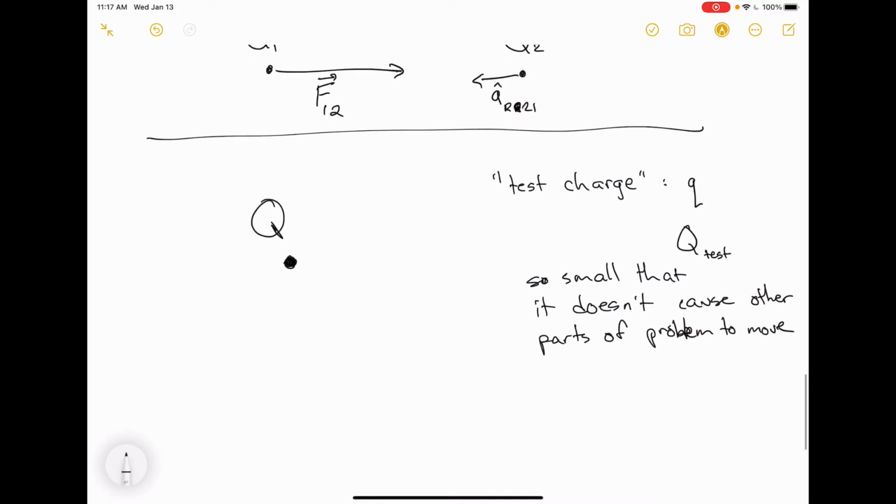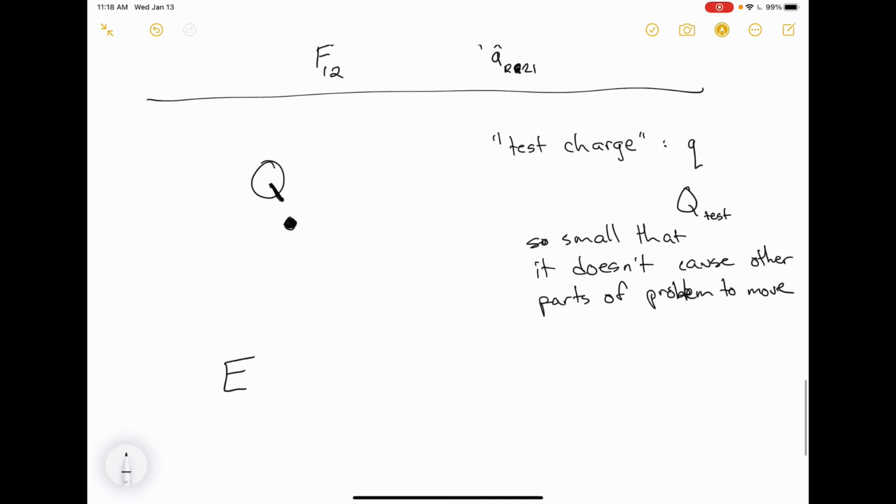And if we do that, then we can describe the electric field around this charge Q by saying, what happens if we just talk about the force that would be experienced by this test charge, proportional to the value of the test charge. So the electric field at some point P is going to be the force on the test charge divided by the value of the test charge.